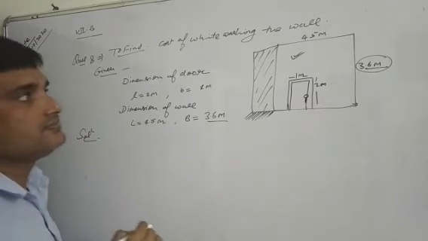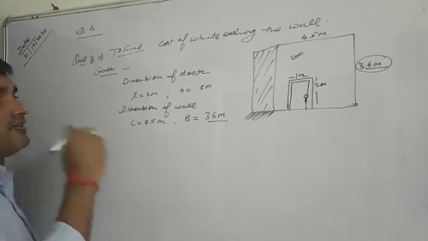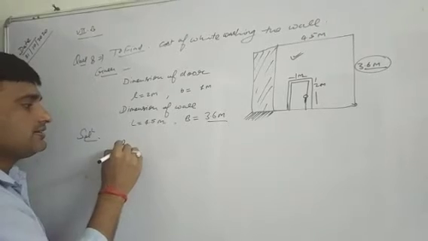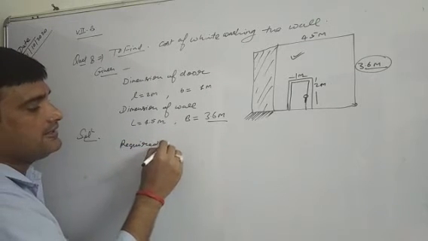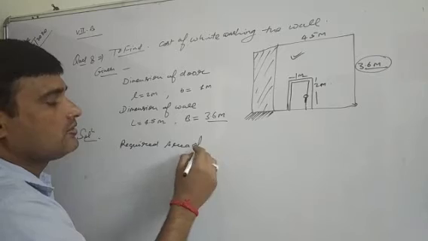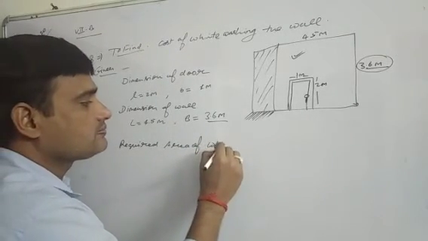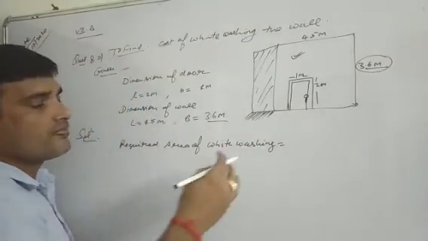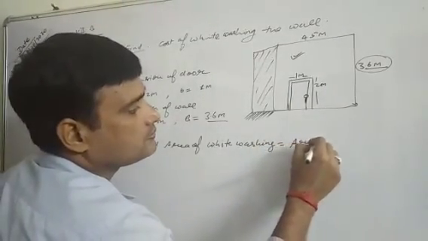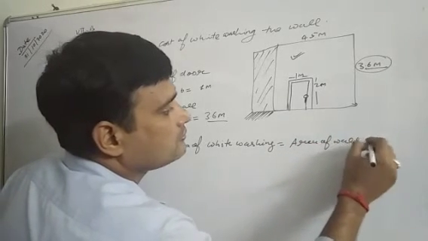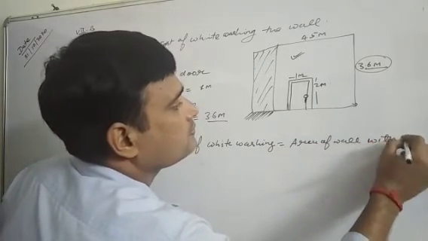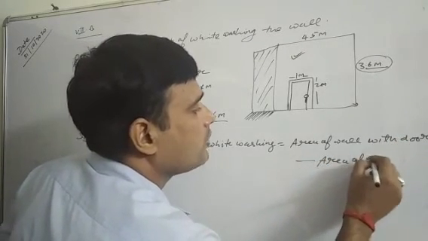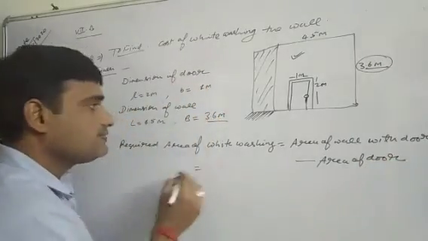Now we start. First we find the area required for whitewashing. Required area of whitewashing is equal to area of wall with door minus area of door. Okay, understand?